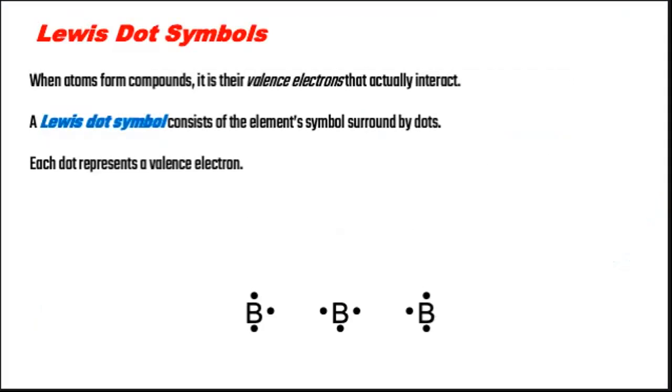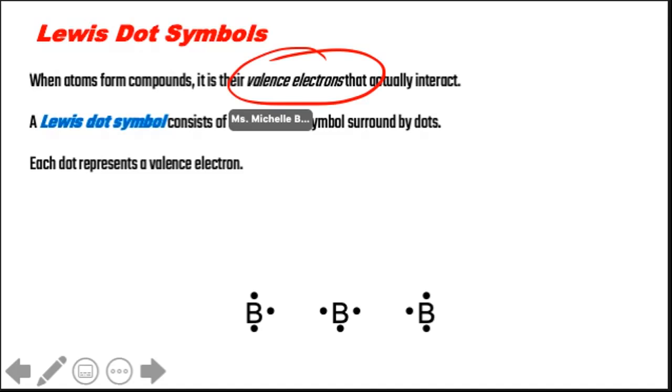So when atoms form compounds, it is their valence electrons that actually interact. So the Lewis electron dot symbol consists of the element symbol surrounded by dots. Each dot represents a valence electron.